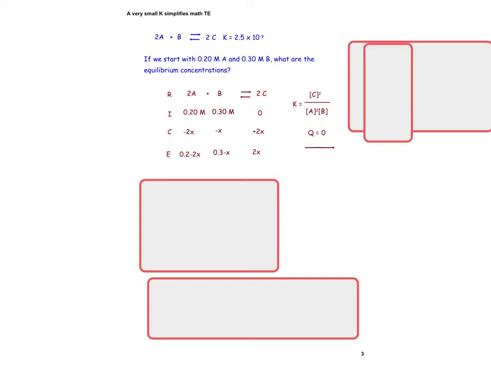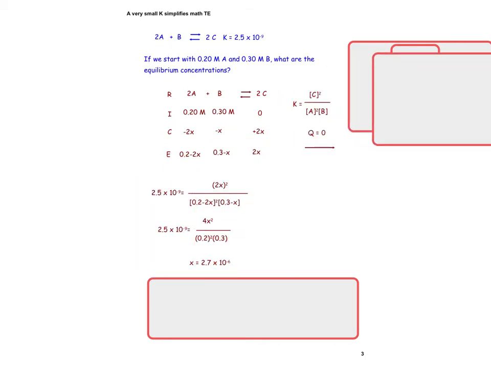Okay, so hopefully you were able to write the equilibrium expression and find Q is 0, so it has to be going towards the right. So I set up my RICE problem: 0.2, 0.3, 0, minus 2x, minus x, plus 2x. 0.2 minus 2x, 0.3 minus x, and 2x. Then I plug it back in. Ew.